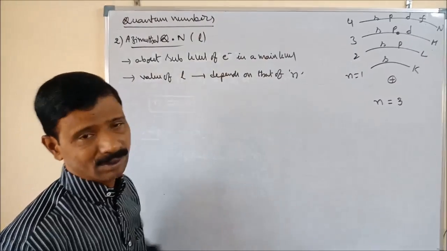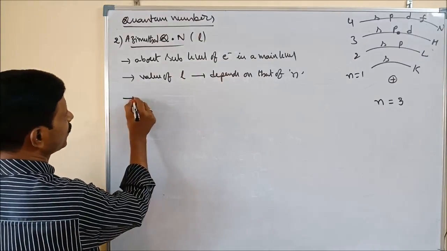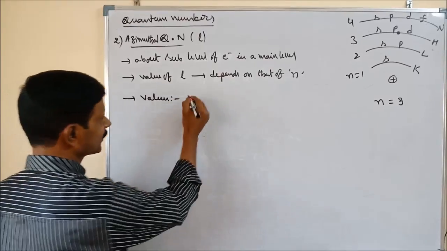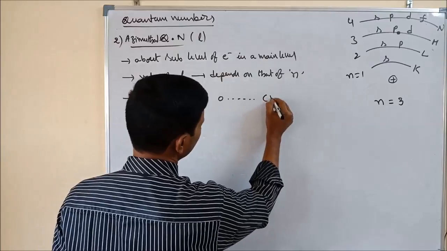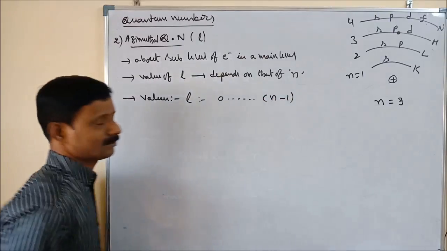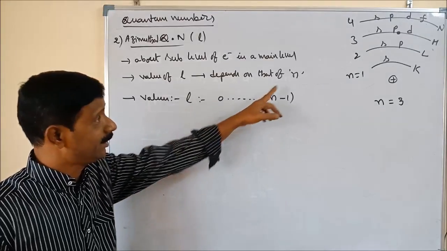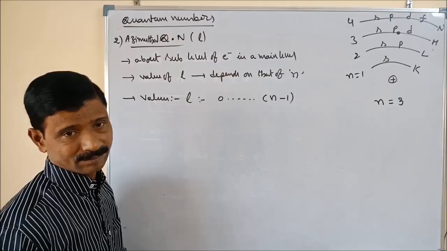So definitely, the value of l depends upon the value of n. And if you observe those values, the values of l range from 0 up to n minus 1. Means for a given n value, the maximum l value is n minus 1.